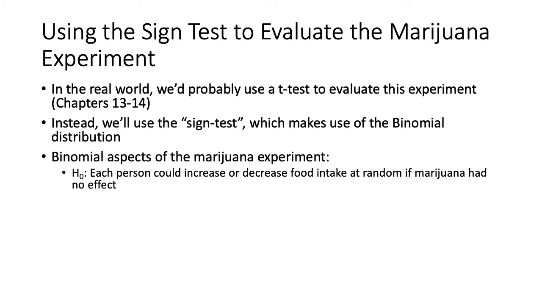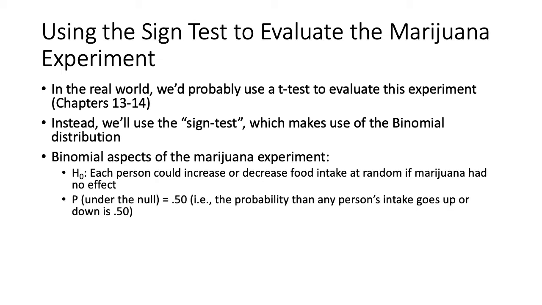It would be a coin flip whether or not they ate more or less under each condition. That seems logically a good way to represent a null effect. So in binomial land, we pick a binomial distribution with a probability of success of 0.5, which describes the probability that any one person would have an increase in appetite. It's a coin flip.